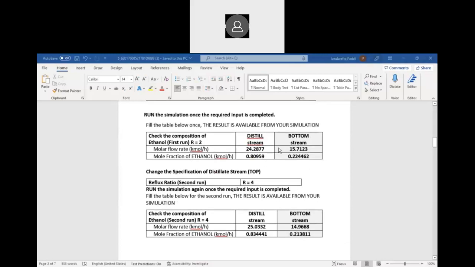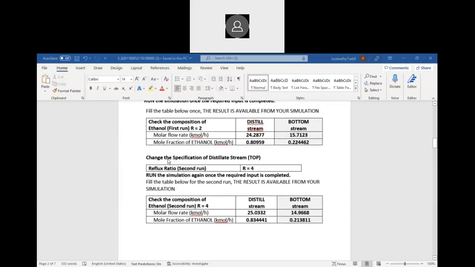This is from our experiment. As mentioned in the problem statement, you can use 4 as the reflux ratio.